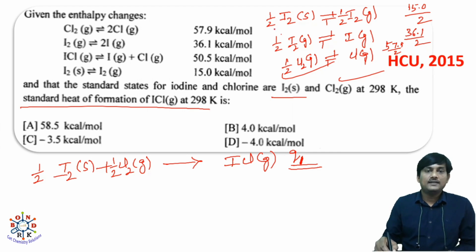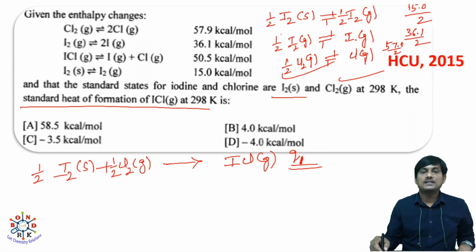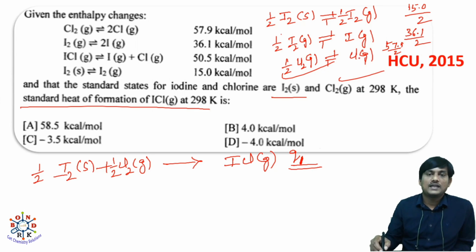Suppose if you add these three equations, you will get 1 by 2 I2 solid plus 1 by 2 Cl2 gas, and finally you will get I gas plus Cl gas. Here there is a cancellation of 1 by 2 I2 gas and 1 by 2 I2 gas.